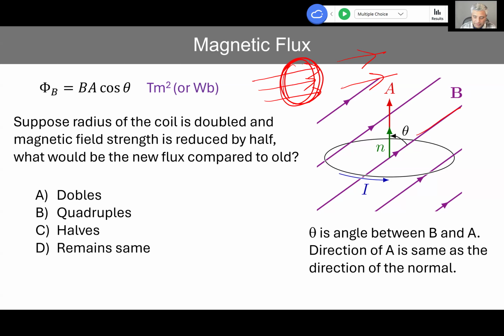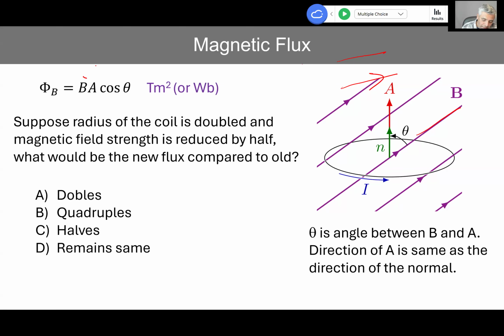The strength is larger if there are more lines passing through the same area in a region. When we say area, it has to be the area of something. Often that area is determined by either a loop or rectangle, wherever the current is flowing.